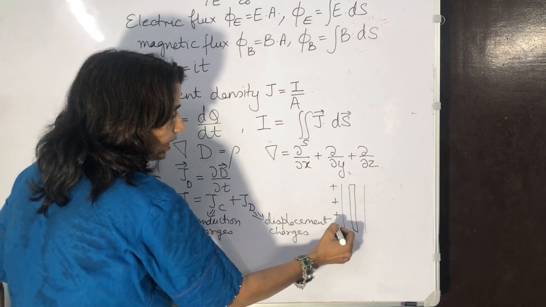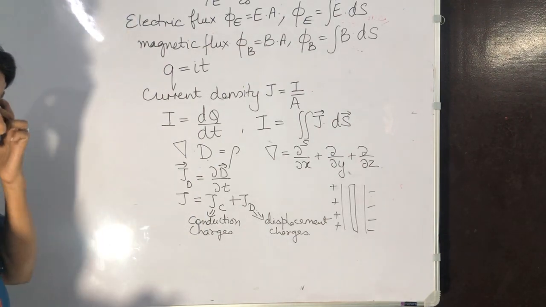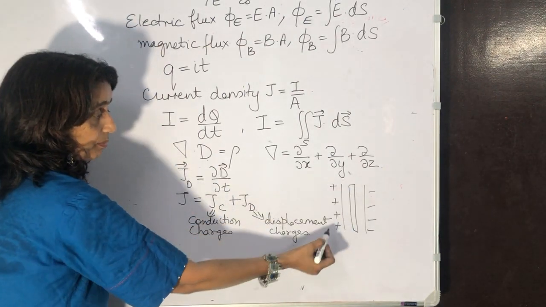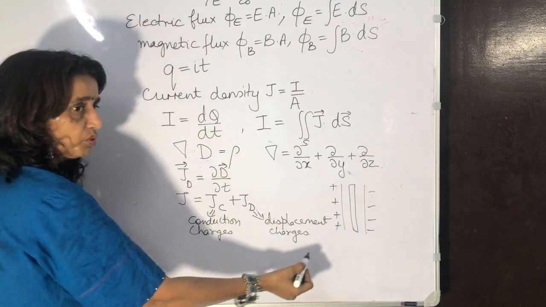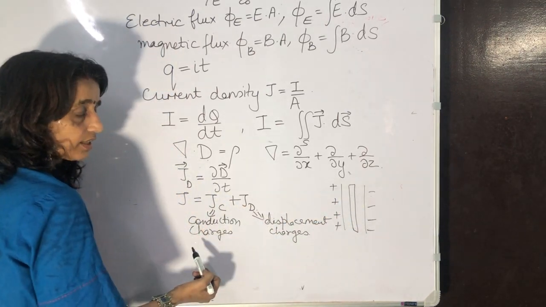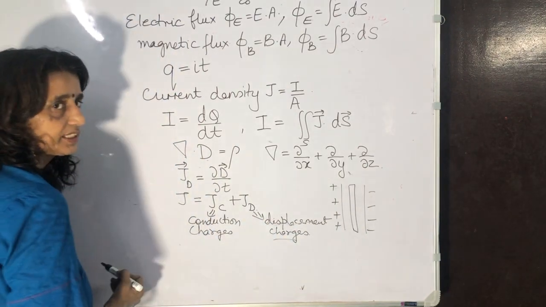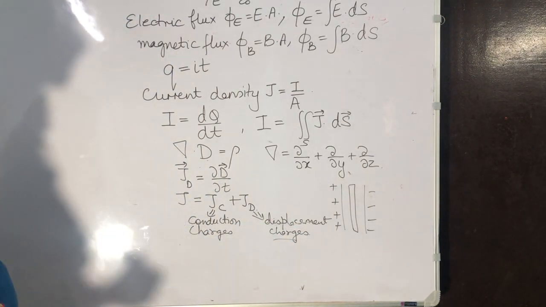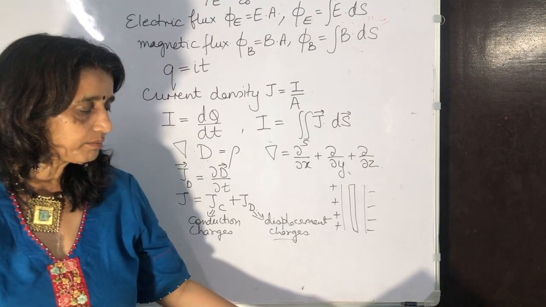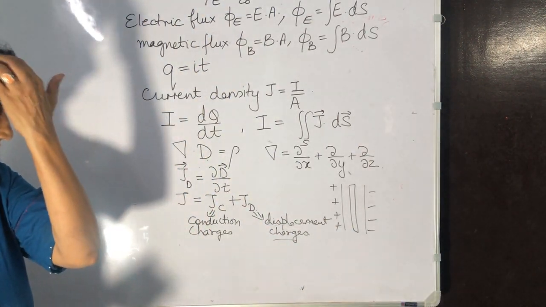Immediately, due to induction, already charges are there. When a dielectric gets inserted in between, these charges move. So that movement has happened because of these electric symbols of plus and minus. So that we say as displacement charges. So the total current density is the sum of conduction charges and electric displacement charges.